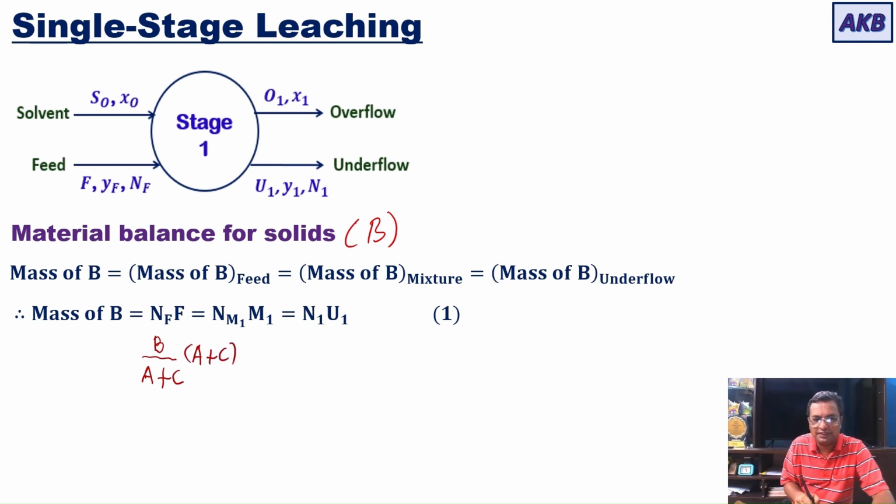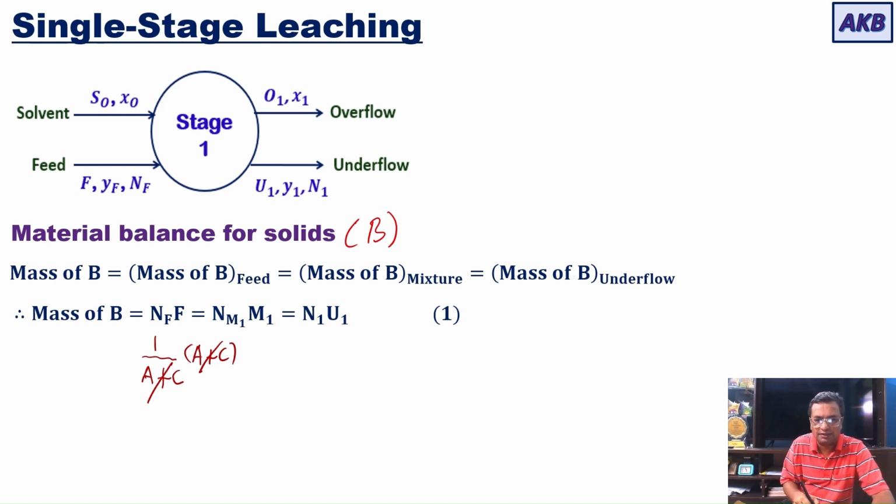So mass of B upon mass of A plus C in the feed, into mass of A plus C in the feed. A plus C gets cancelled and you are left with mass of B. So that's why you have this term NF into F.